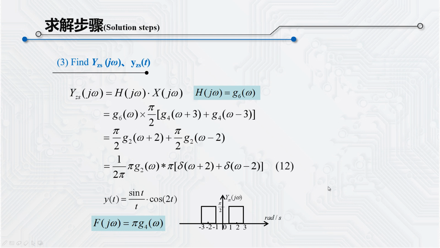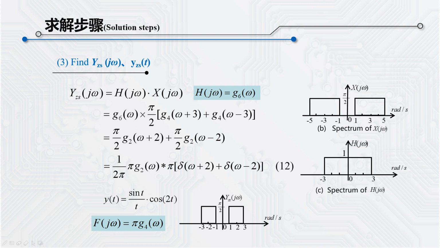Usually, when performing the related operation with the help of its graph, we can calculate the corresponding result more accurately. This is the spectrum of X(j omega). This is the spectrum of the system H(j omega). Obviously, after the two gates pass the low-pass filter, we still get two gates, but they are narrower than before.